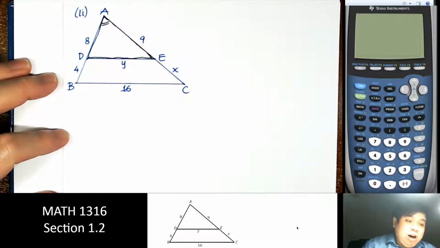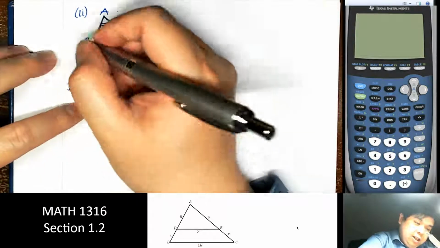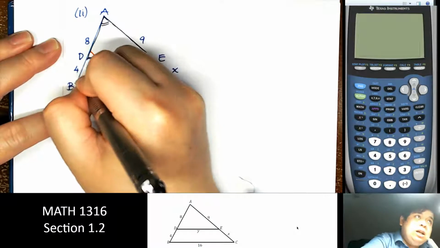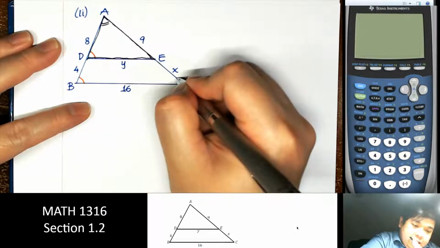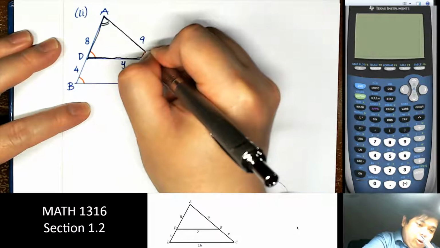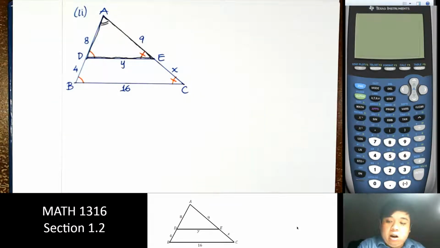So it's very important that we write the corresponding. This angle here is the same as that angle here, and this angle here will be the same measure as that angle there, because these two lines are parallel.